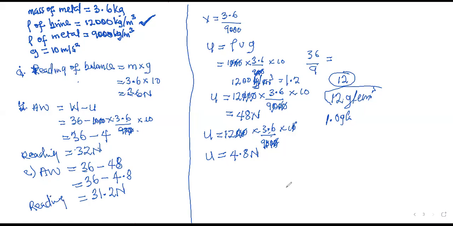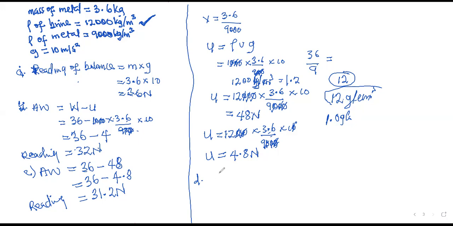Then the next question, the D question. We are given the reading of the balance, the apparent weight, but we are to determine the density of the liquid.